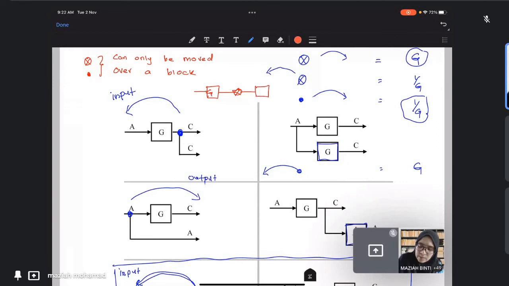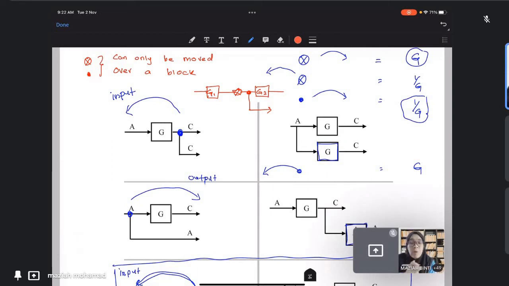Let's say this one is G1, this is G2. Then we have a pick-off point here. So we want to combine G1 and G2.